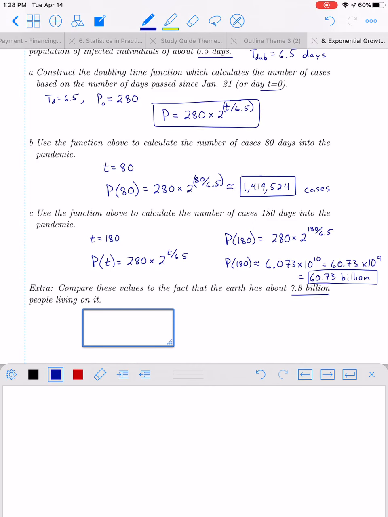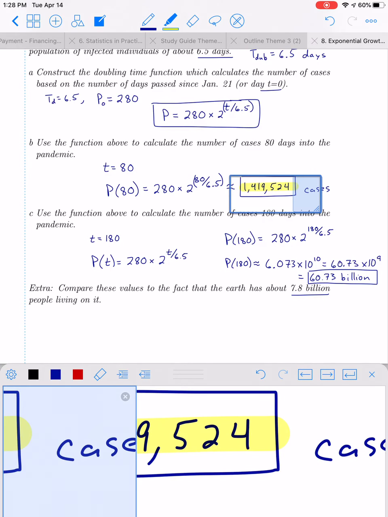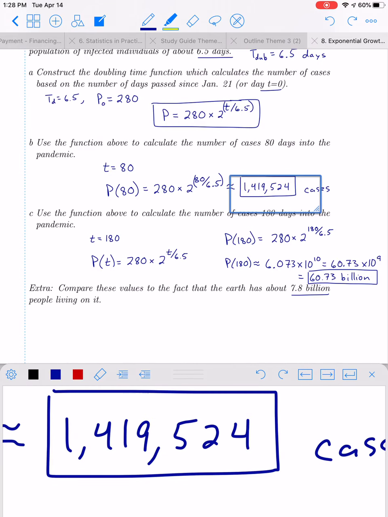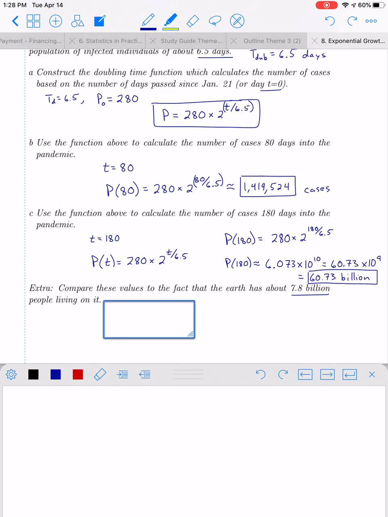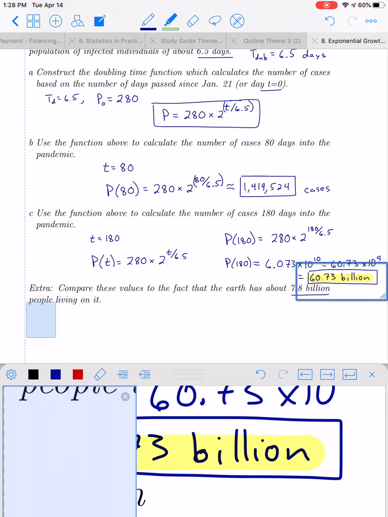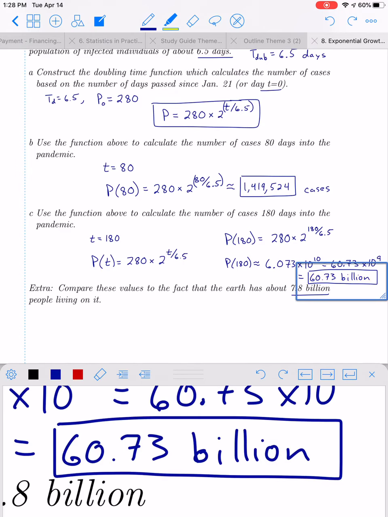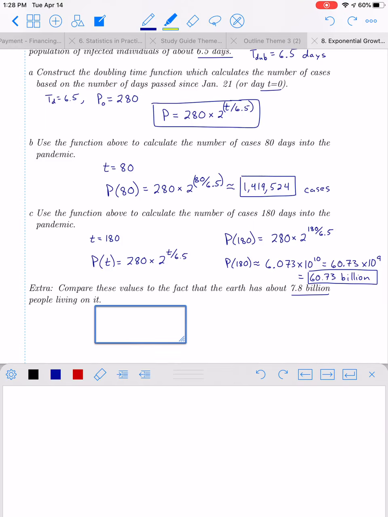Well, in the case of part B, we had 1.4 million cases. That's perfectly reasonable. Well, maybe not acceptable, but that's at least mathematically possible. And in part C, unchecked, the number of infected grows to 60.73 billion, but we only have 7.8 billion. So we sort of blew past our realm of possibility in this situation.